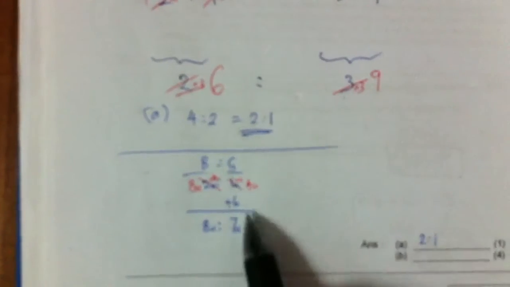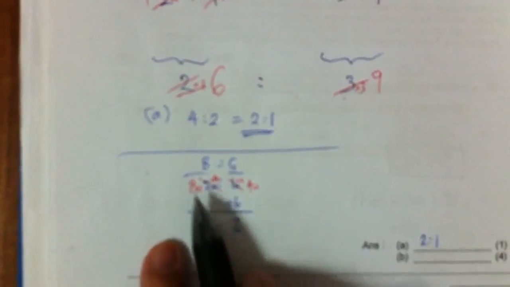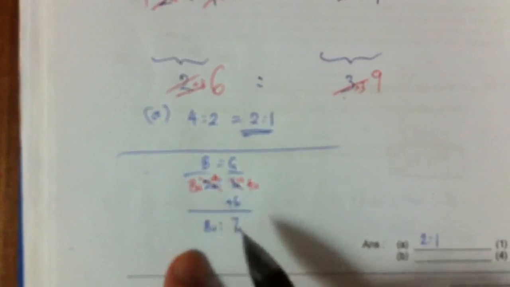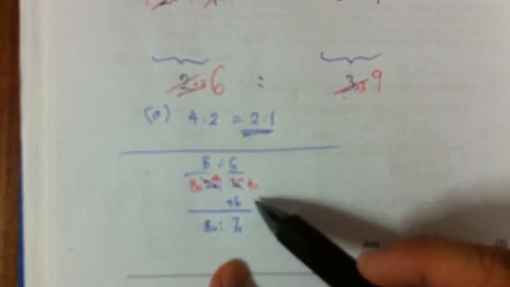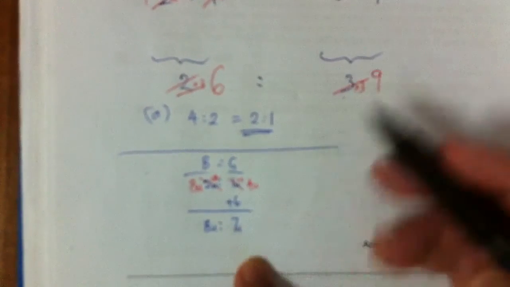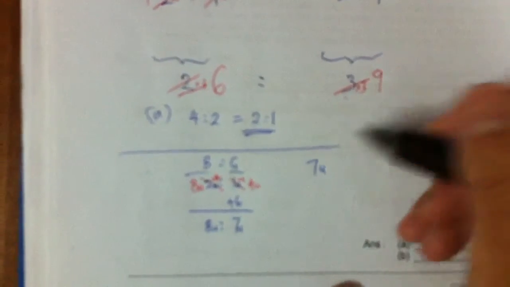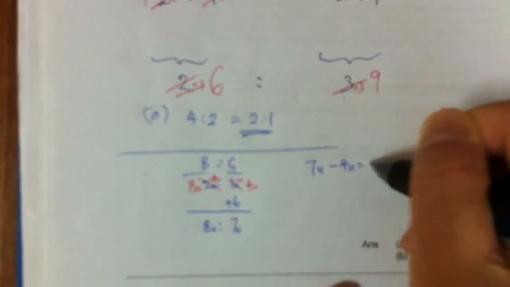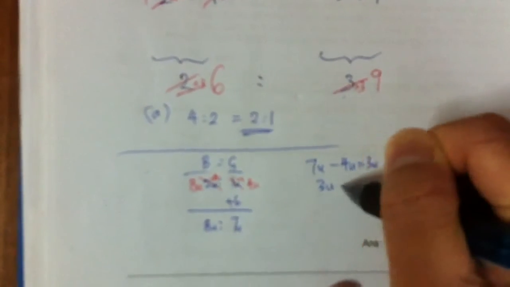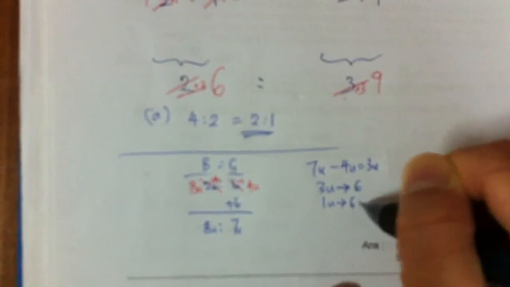Now we are in business. With 8 units being matched before and after, the boys ought not to change. We only have a change from 4 units to 7 units, which is a change of 3 units, isn't it? 7 units minus 4 units is 3 units, and 3 units is equivalent to 6, and 1 unit ought to be 2.